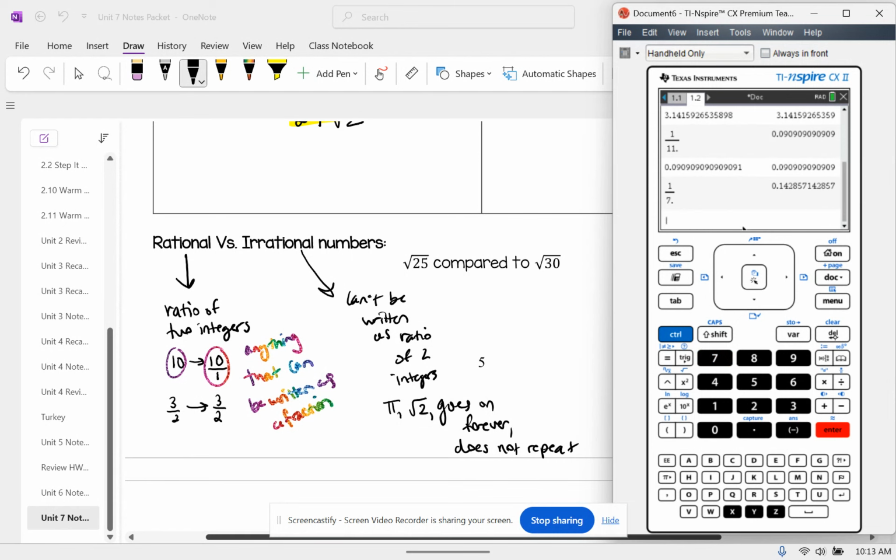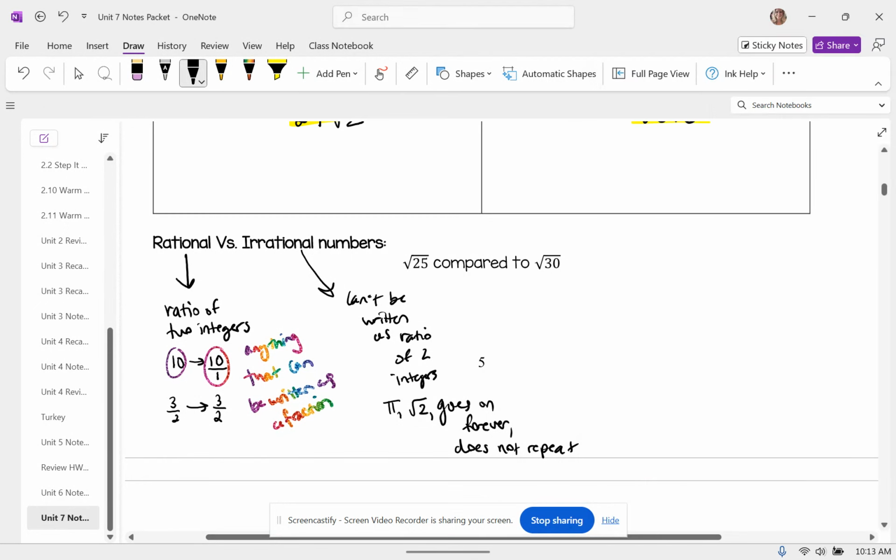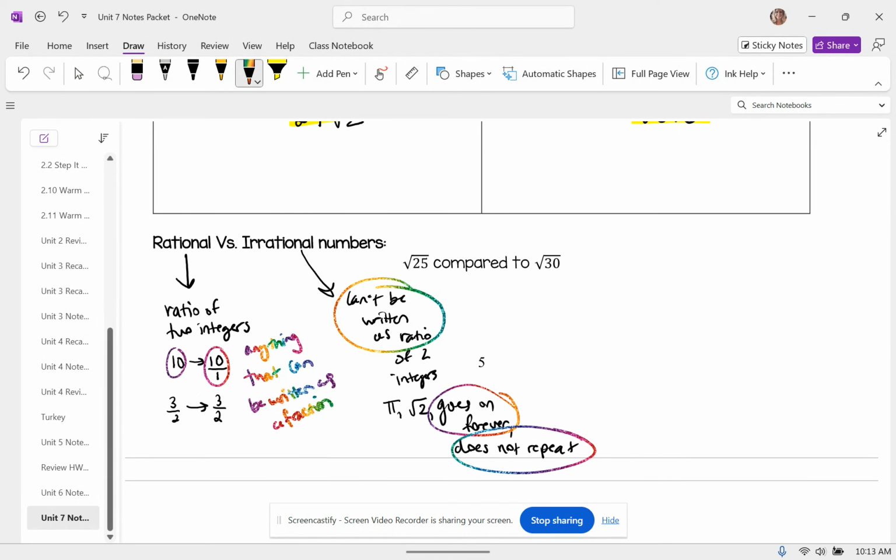Okay, so that one repeats, right? Look at the pattern. 1, 4, 2, 8, 5, 7. 1, 4, 2, 8, 5, 7. So these are rational numbers because I can write them as a ratio of 2 integers. 1 over 11, 1 over 7. But their decimals repeat, so that's why they are not irrational even though they go on forever. So it needs to have these two conditions. It can't be written as a ratio of 2 integers, it goes on forever and it does not repeat, okay?